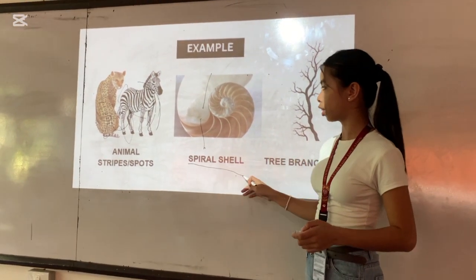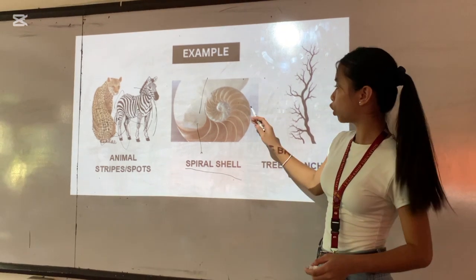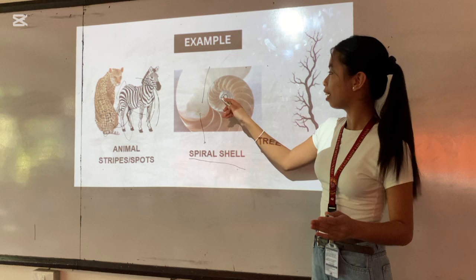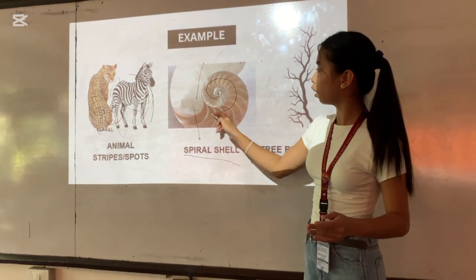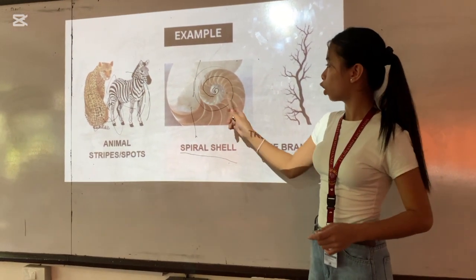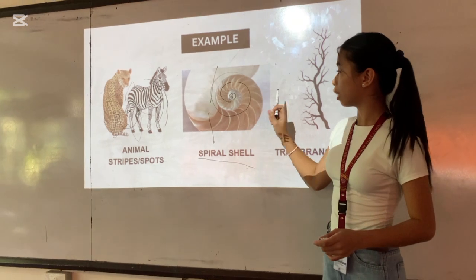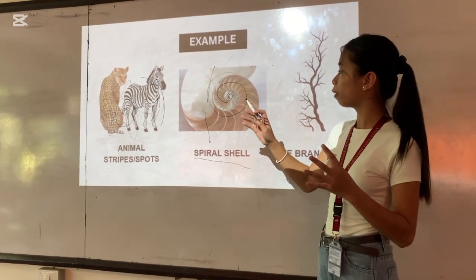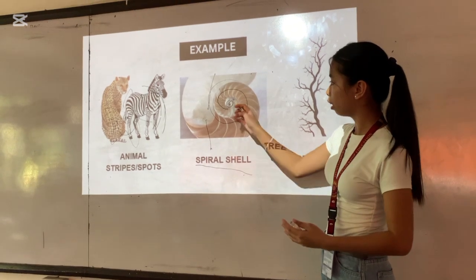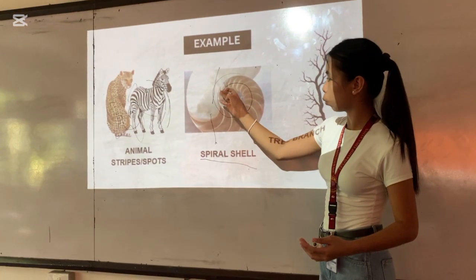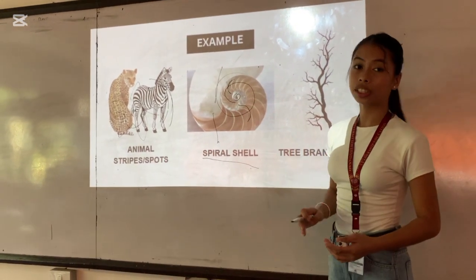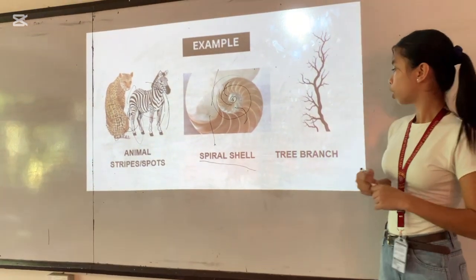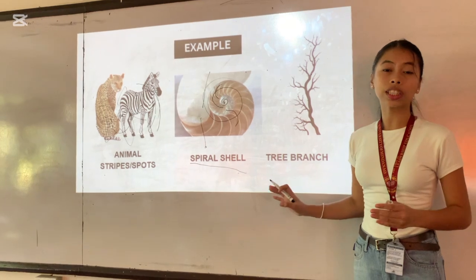Next, spiral shells. As you notice, a shell has a central point which radiates to its outer shell. From the word itself, radiates, it is radial symmetry, because in radial symmetry, even from different angles, whether you look at it this way or this way, it still looks similar. Next, a tree branch. A tree branch is an example of fractal symmetry.